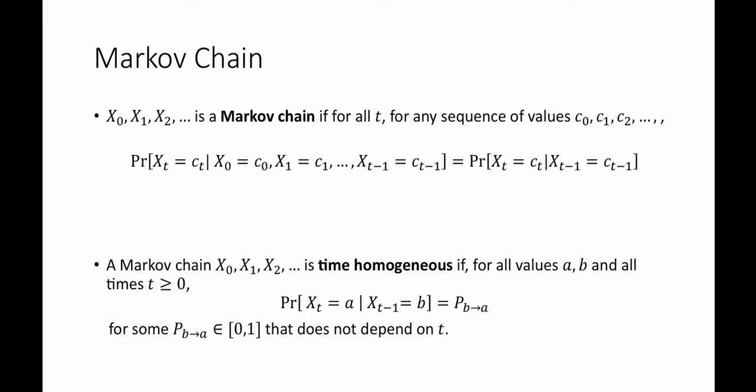More precisely, a Markov chain x0, x1, x2, and so on is called time homogeneous if for all values a and b, and for all times t greater than or equal to 0, the probability that xt is equal to a, conditioned on xt minus 1 being equal to b, is just some value p sub b transition to a that only depends on a and b, doesn't depend on t. As we'll see in a moment, time homogeneous Markov chains are especially convenient to deal with.